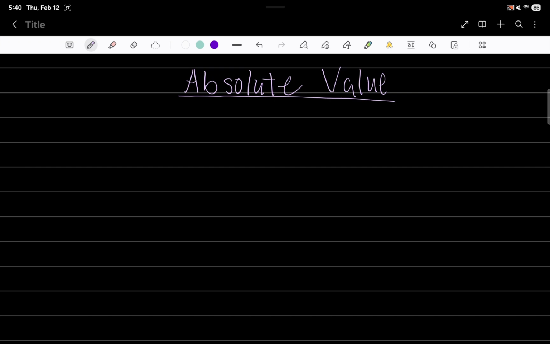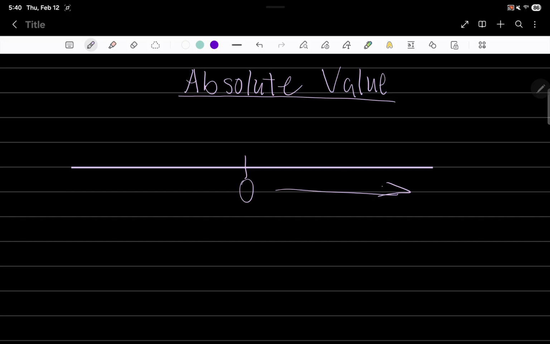So, absolute value tells us how far a number is away from zero, no matter which direction it is.